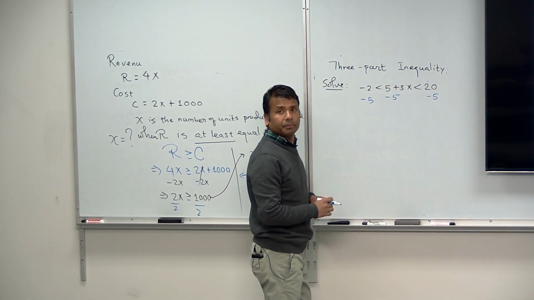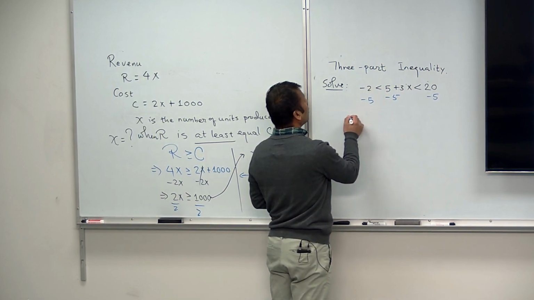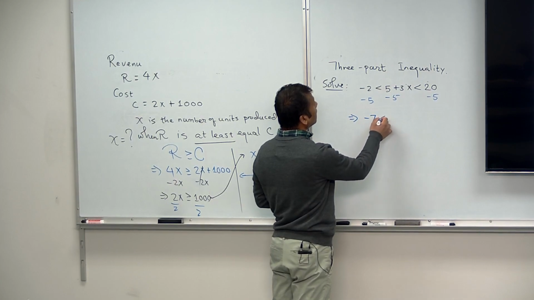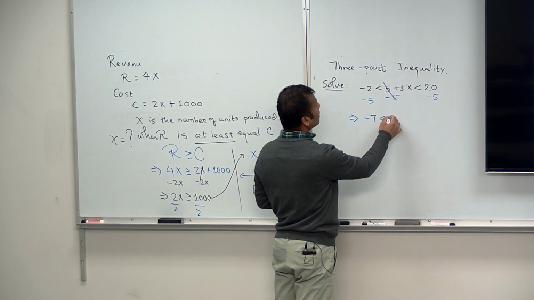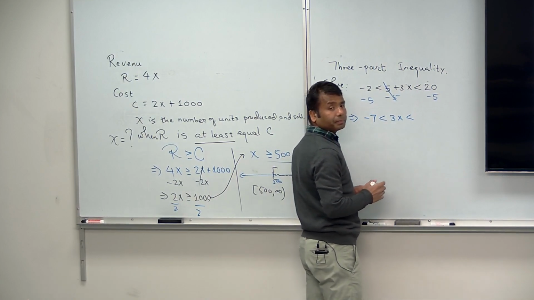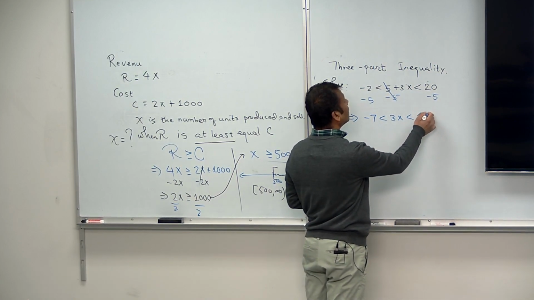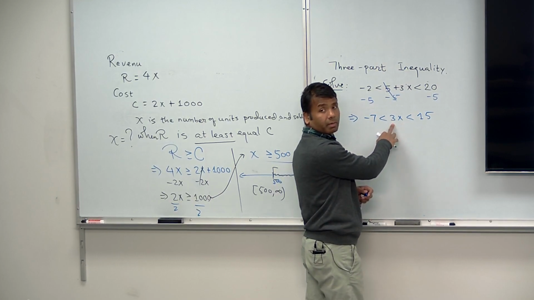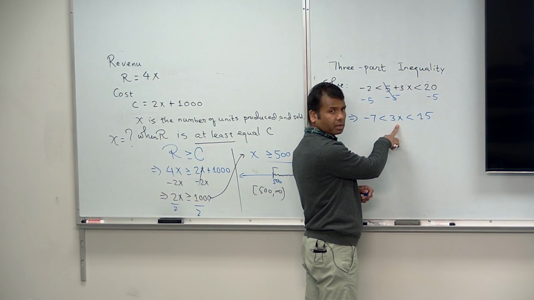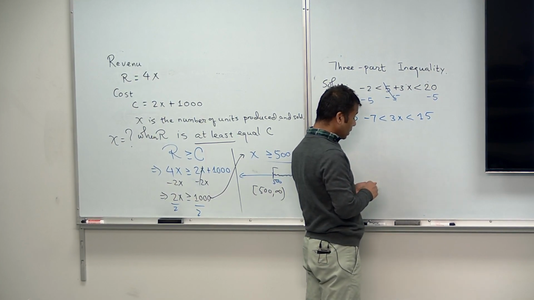Make sense? And so what is -2 minus 5? -7 is less than 3x, because the 5 cancels, is less than, what is 20 minus 5? 15. And then you see the coefficient of x is 3, right? We have to make the coefficient of x 1, so how is it possible?